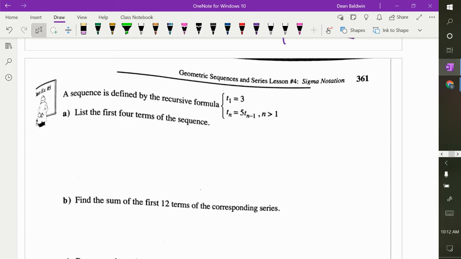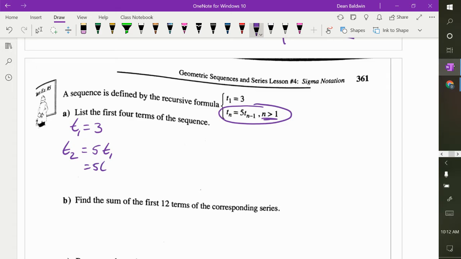So t1 is 3. They tell you that. t2, you have to use this part of it because it's when n is greater than 1. So if I put 2 into there, I get 5 times t of 2 minus 1, which is t1.